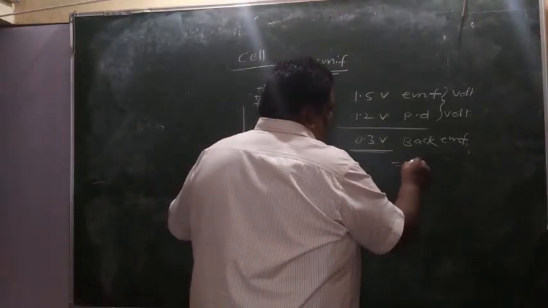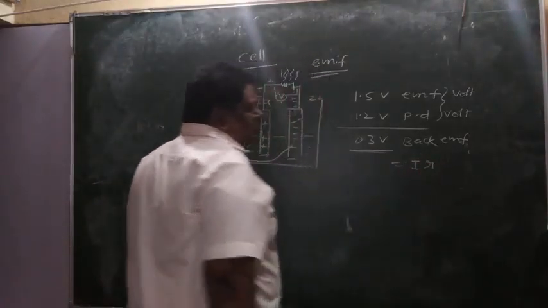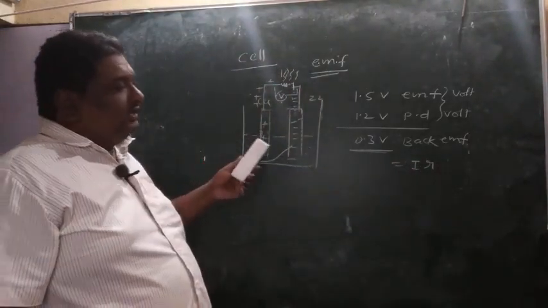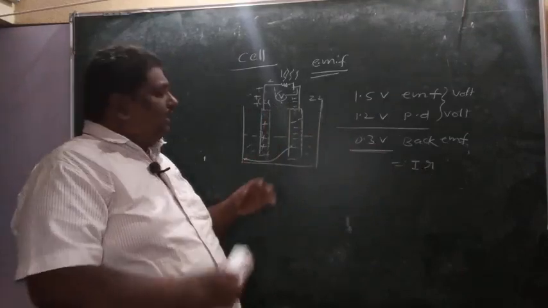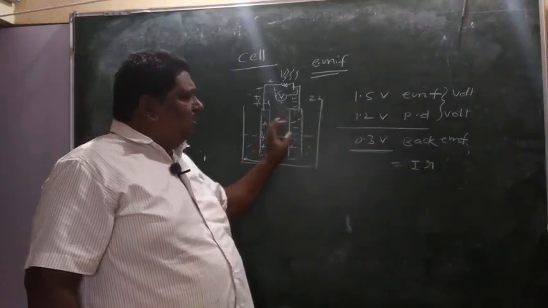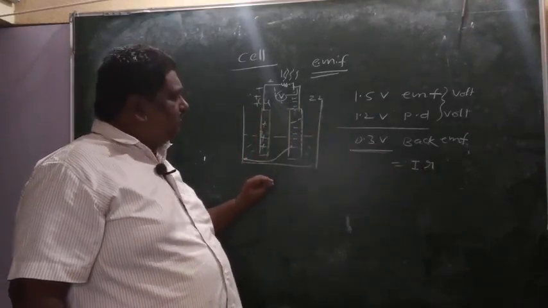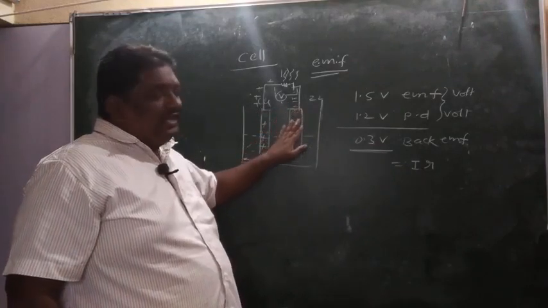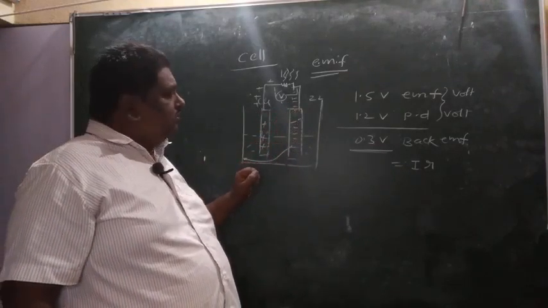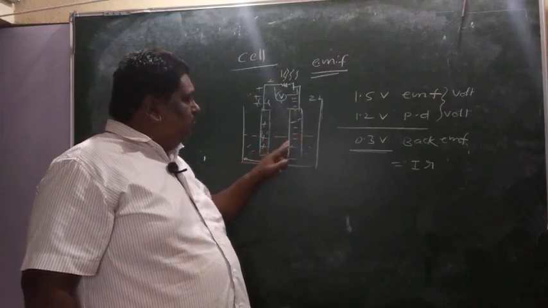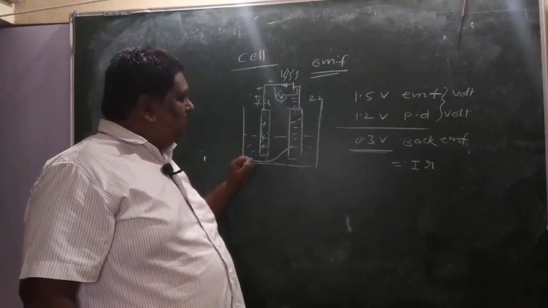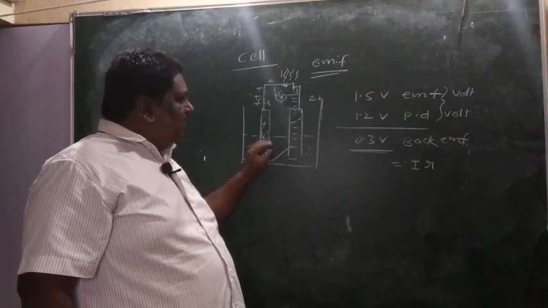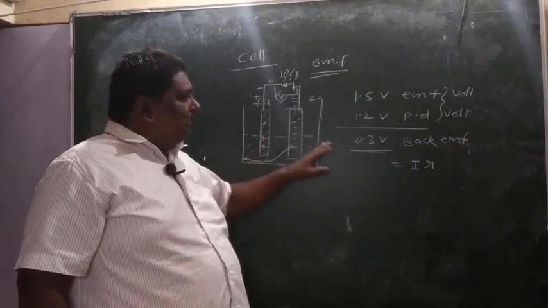This is equal to the current in the circuit times r. It is shown here. This r is called internal resistance. Internal resistance means that due to the long distance between the electrodes, the hydrogen layer deposited over the electrodes, or the high viscosity or high specific gravity of the electrolyte, some delay will happen and some voltage is lost.